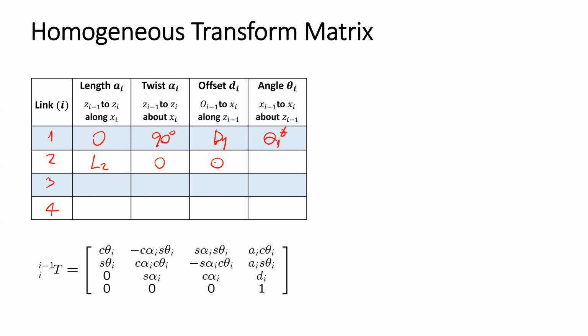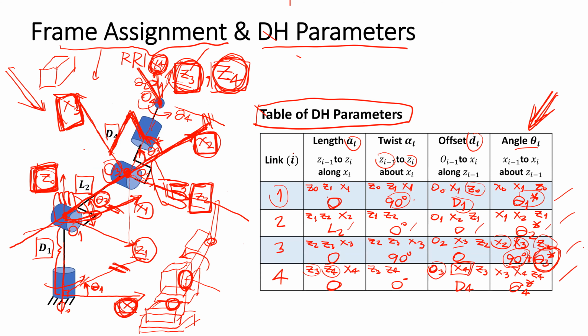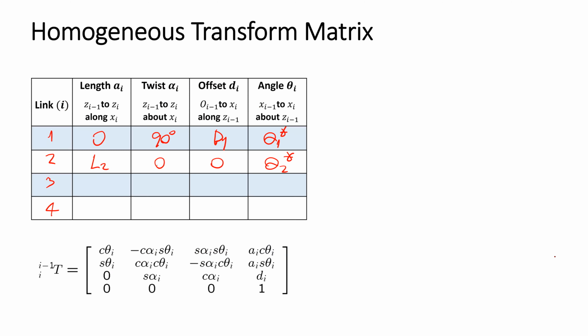Link 3, we have 0, 90 degrees, 0, and 90 degrees plus theta 3.